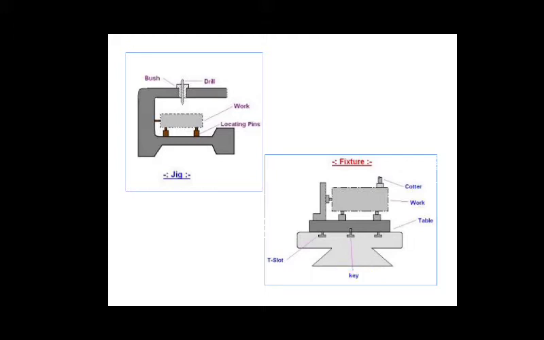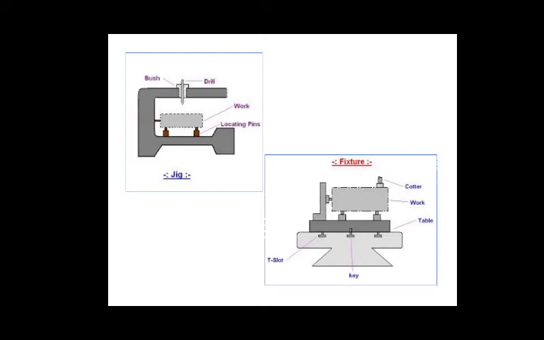A jig is a device which holds and positions the work, and locates or guides the cutting tool relative to the workpiece, and it is not fixed to the machine table.